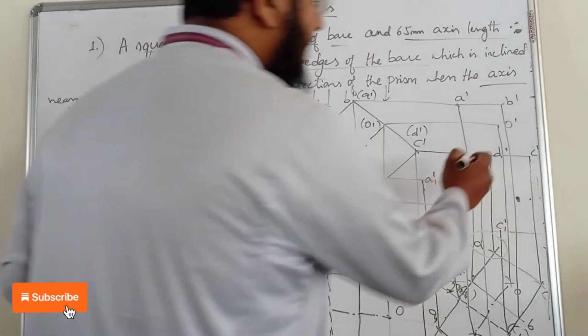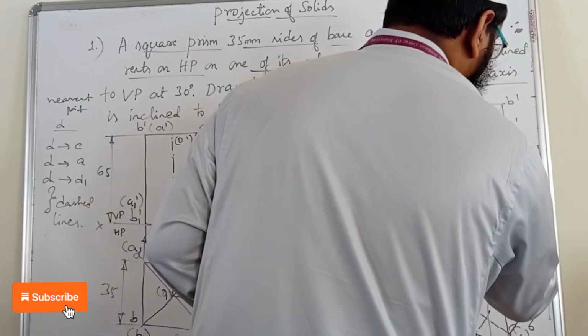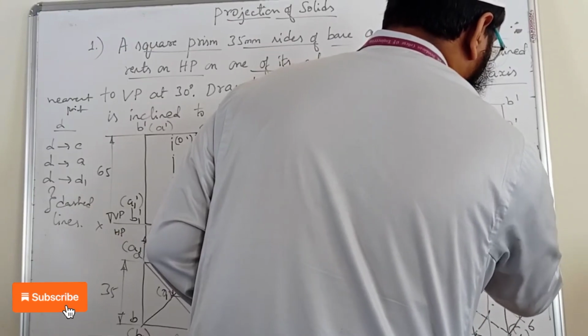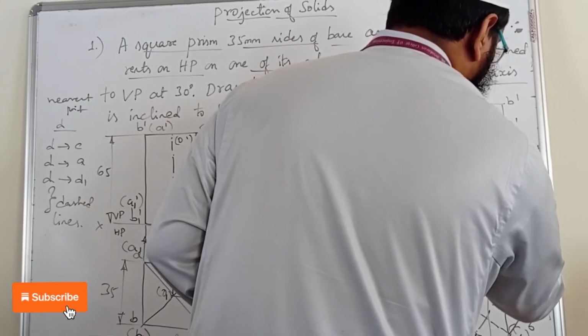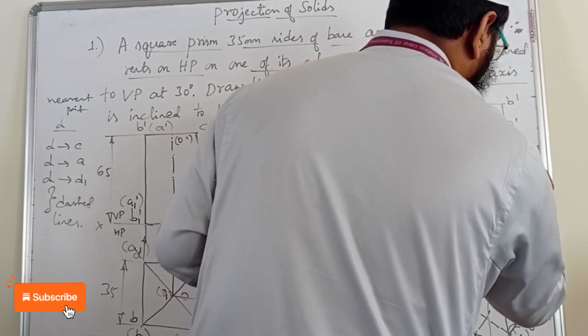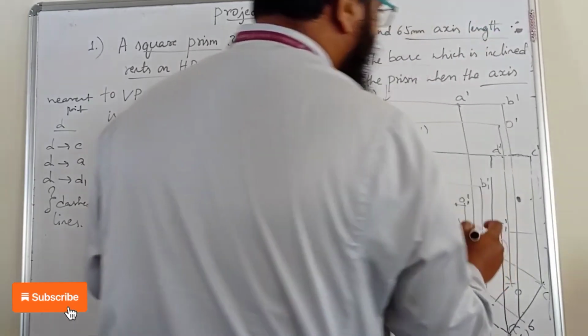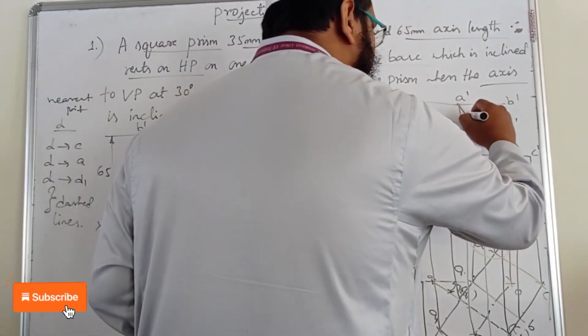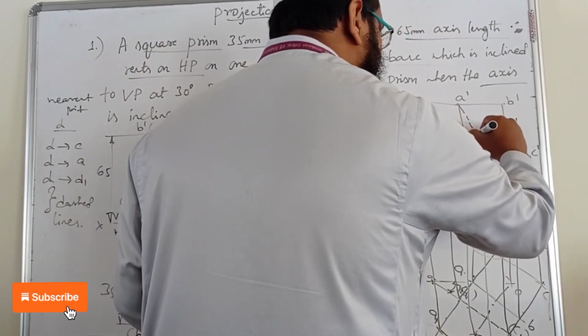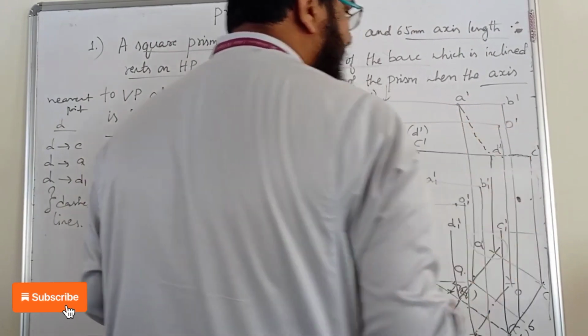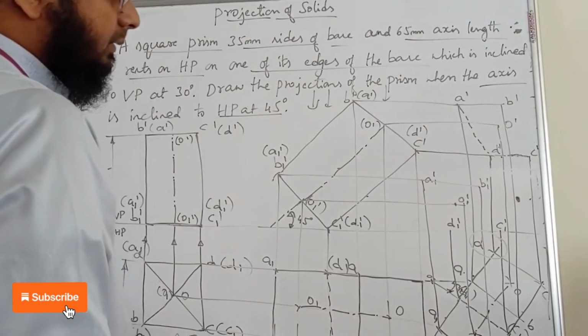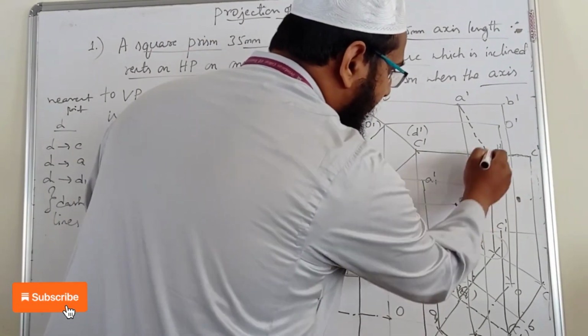So D dash to C dash, this is a dashed line. Then D dash to A dash, that's also a dashed line. Then D dash to D1 dash. You can see that from here to here.